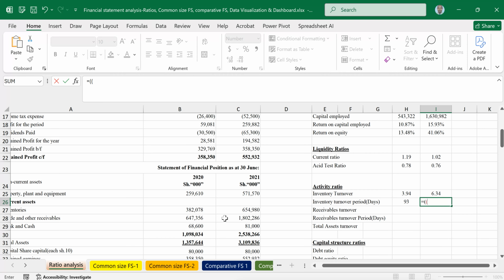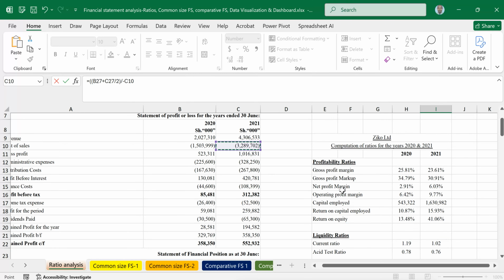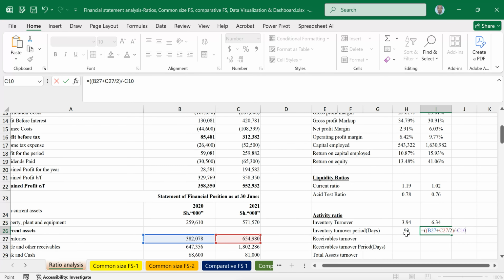Average inventory is the first one plus the second one, divide that with 2, close bracket, then over negative, then go and click on the cost of sale. The negative is to negate it so that it can be positive. I think we needed 3 brackets because this needs to be closed, and therefore we need another opening bracket at the beginning, so that we can have 3 brackets, or 2 are enough.